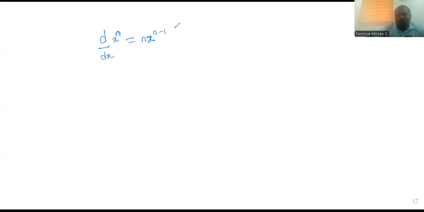So if we integrate this with respect to x, we should get something very reasonable. We add 1 to the power, so we have n plus 1, then divide by n plus 1. That's just what integration says we should do, and we put plus c.